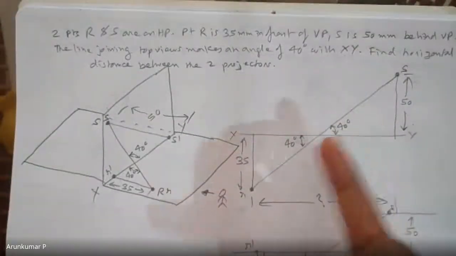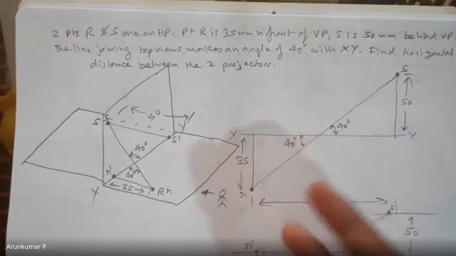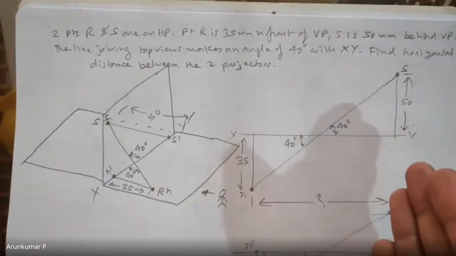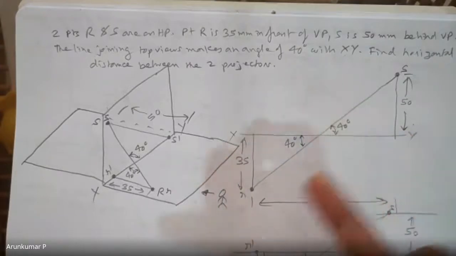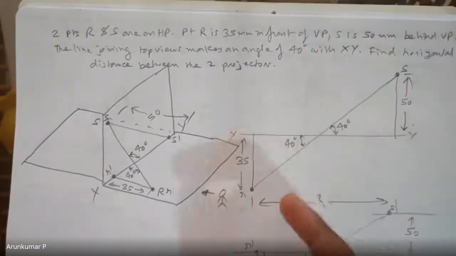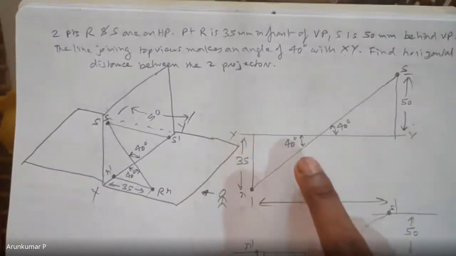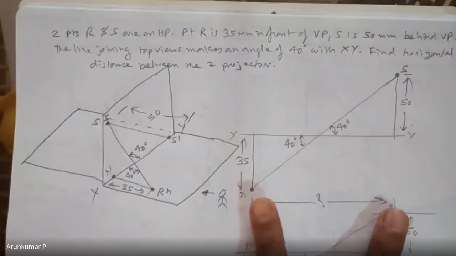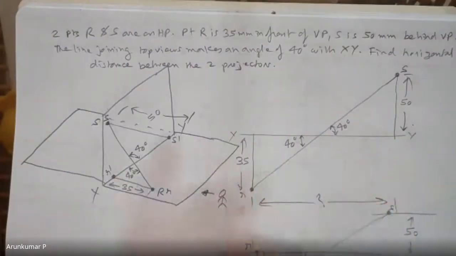Maybe yesterday's problem, wherein there are 2 points separated by some distance. You have to find the distance between the top views, or a problem where the top views are joined by a line which is at some 40 degrees to XY. You have to find the distance between the two lines. So a similar problem is there which is asked many times.